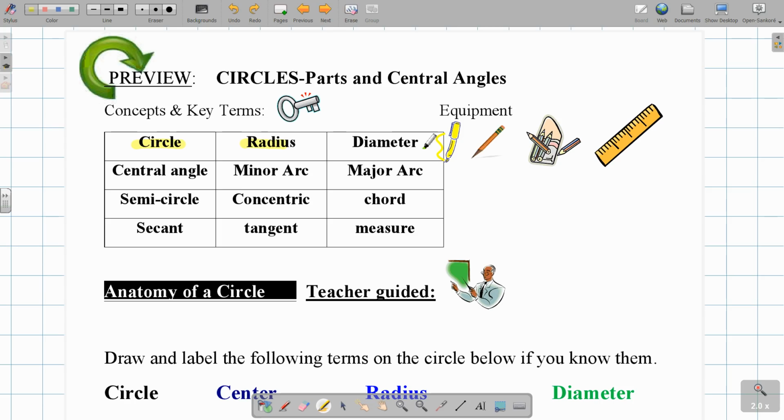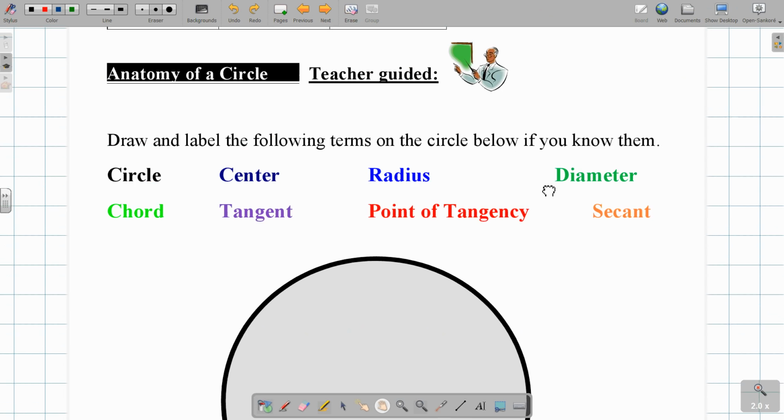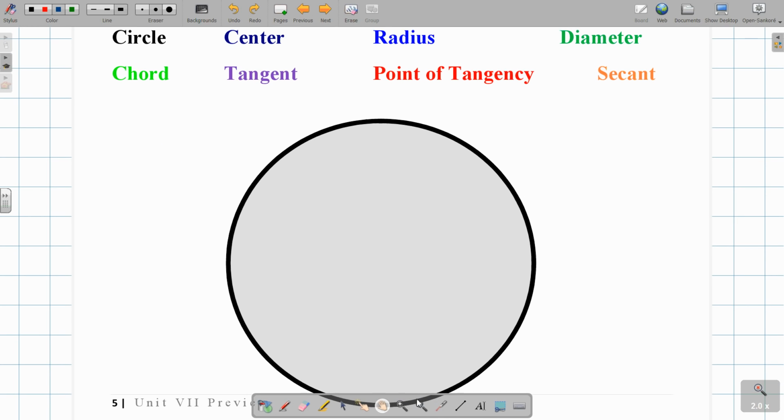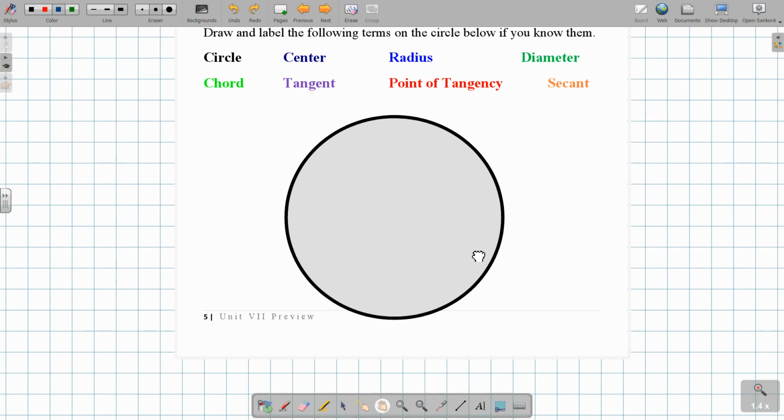Circle, radius, diameter, central angle, minor arc, major arc, semicircle, concentric, chord, secant, tangent, measure. Probably going to find a straight edge very helpful today, and colors would also be helpful. So first we're going to talk about the anatomy of a circle, key terms.